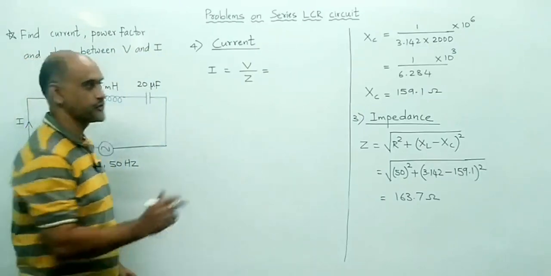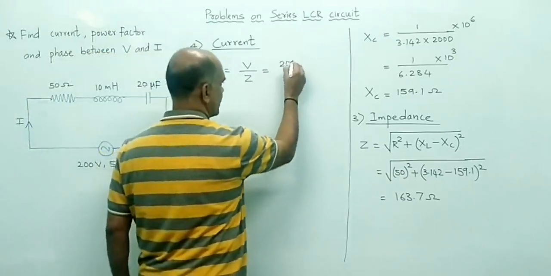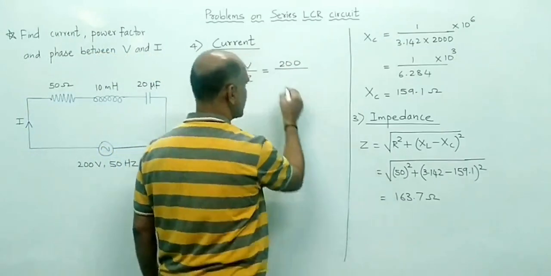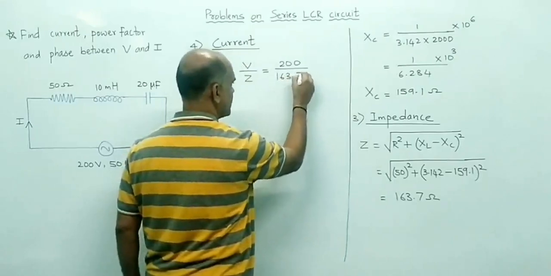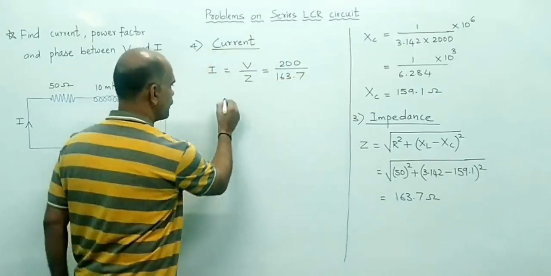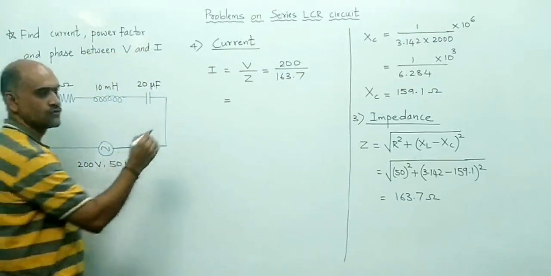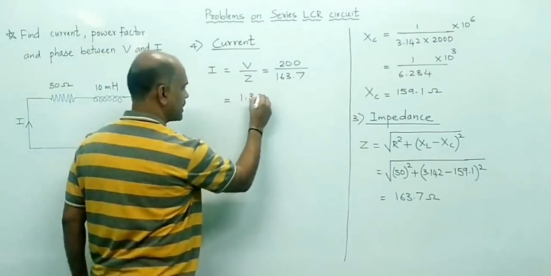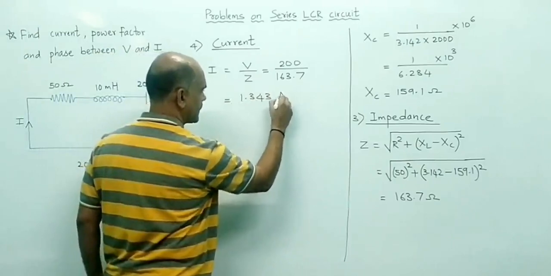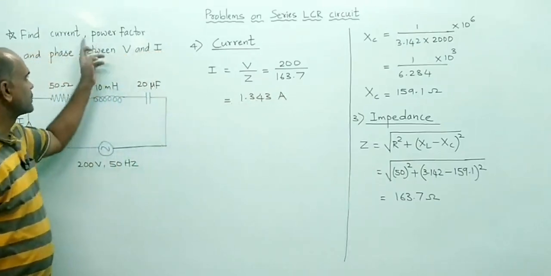So if I substitute V is 200, Z I have got as 163.7. So if you divide, you will have the answer. Current is 1.343 ampere. So we have found out the current.